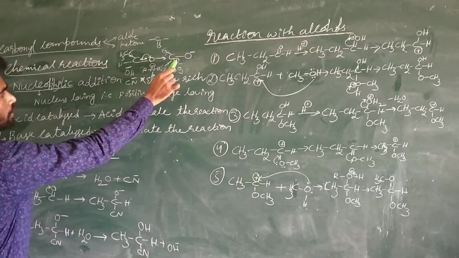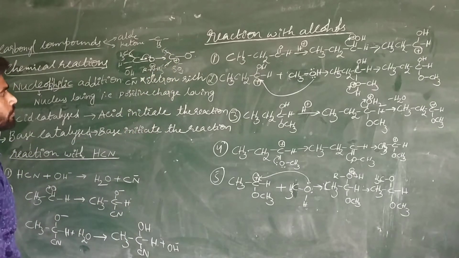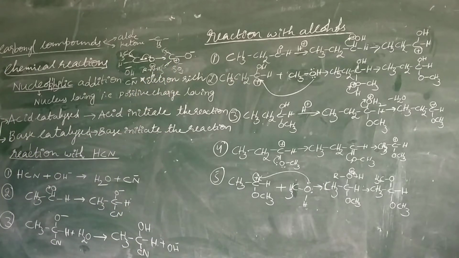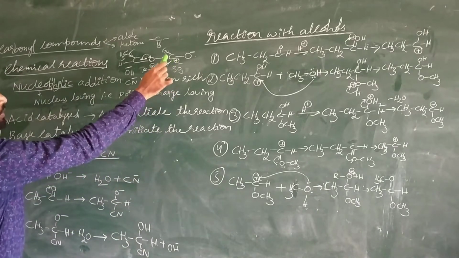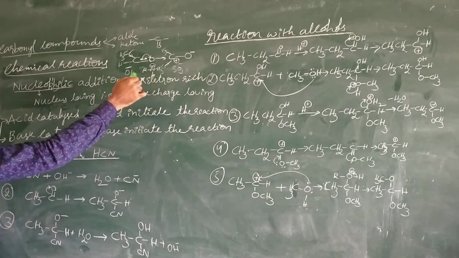Due to the presence of positive charge on the carbon atom, these nucleophiles react with the positively centered carbon of aldehydes and ketones. For both aldehydes and ketones, this mechanism is the same.